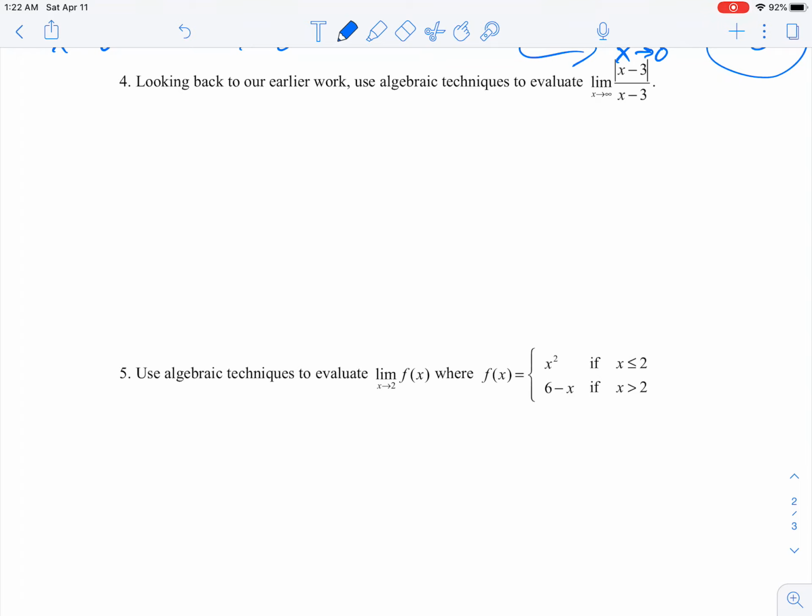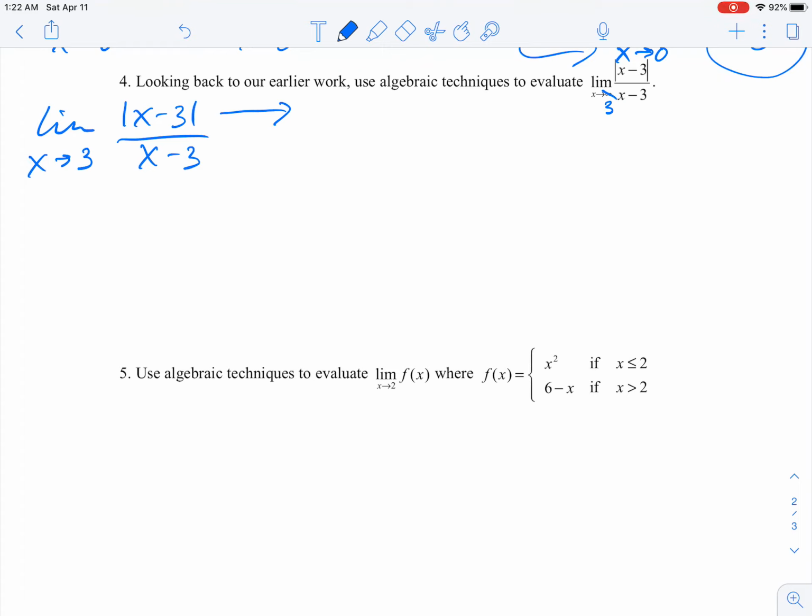So, number 4, let's use algebraic techniques this time to evaluate the limit as x goes to, not infinity, that's a typo, rather 3. The limit as x approaches 3 of the absolute value of x minus 3 over x minus 3. So this is going to be a situation where when we come in from the left, we deal with one part of a piecewise function.